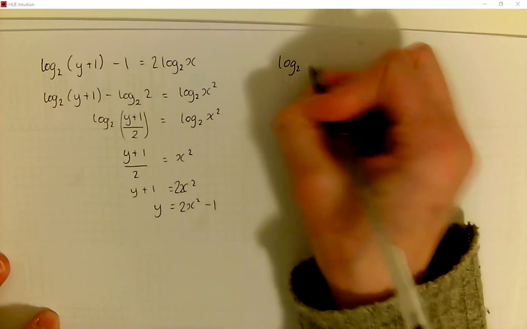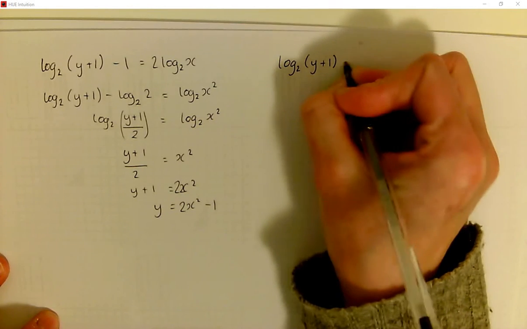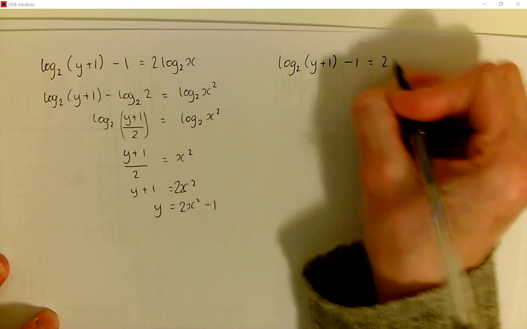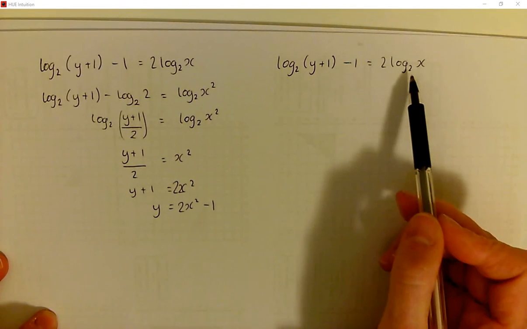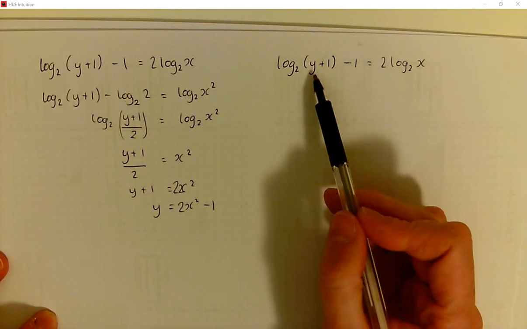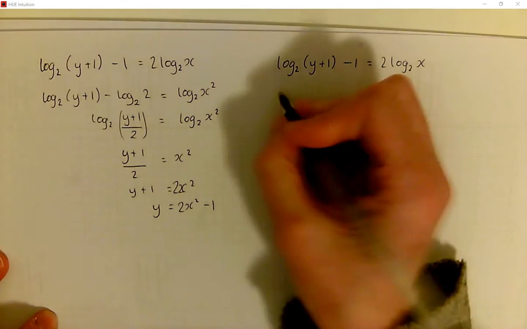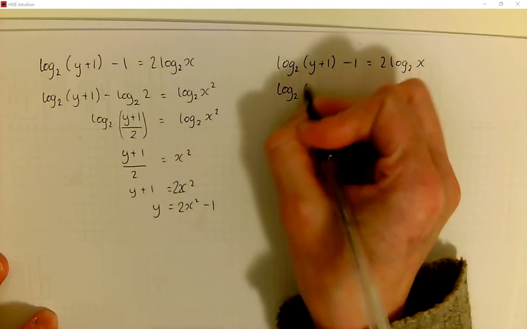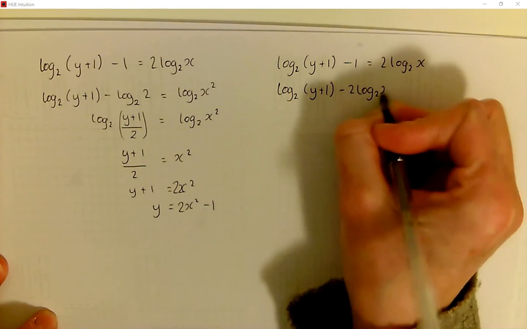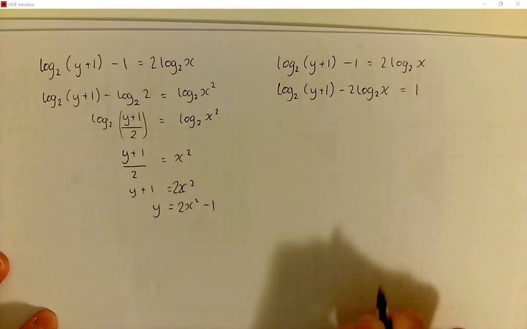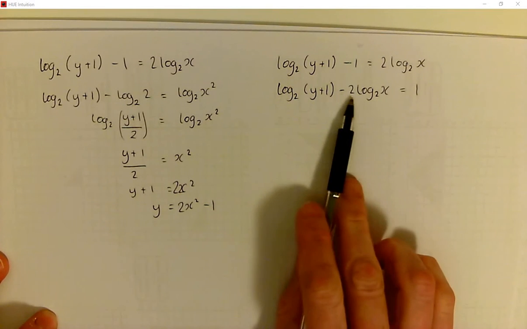Right, a slightly different approach might be to put all your logs on one side. So log base 2 of (y plus 1) minus 1 is 2 log base 2 of x. This time what I'm going to do is move my logs all to one side and put my 1 on the other side. Then I'm going to combine my logs, but I have a problem here because I've got different things under 2.